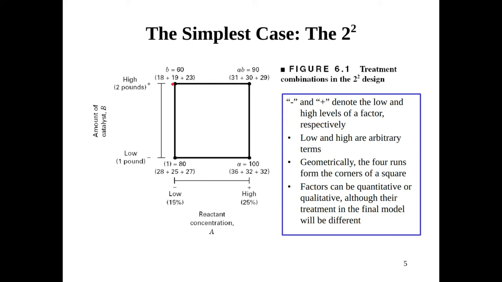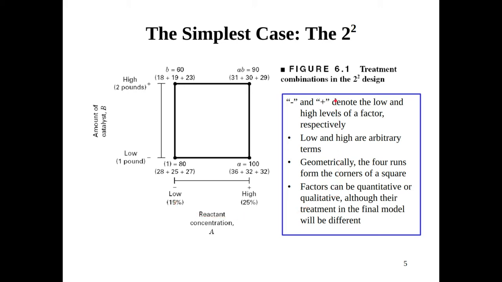At this combination only factor B is high, so we'll use lowercase letter b. Factor A is at low level, so we're not going to use any letter there, right? And here, since both factors are at low level, we use 1 in parentheses as a label, to indicate all the factors are at low level. Okay, so that is that.